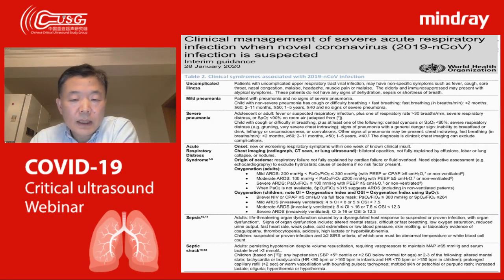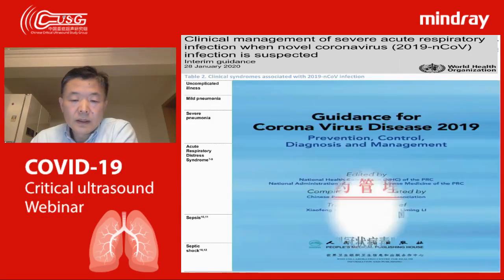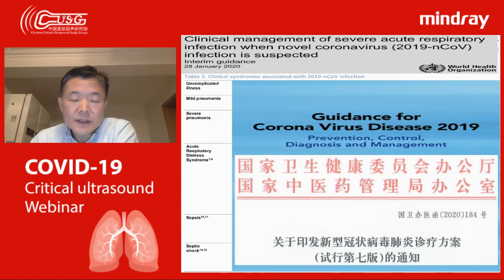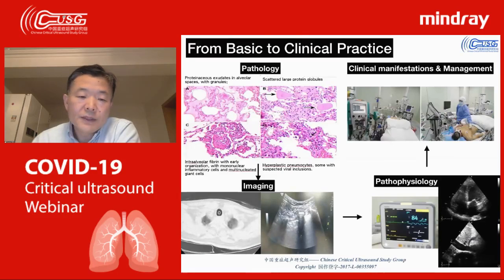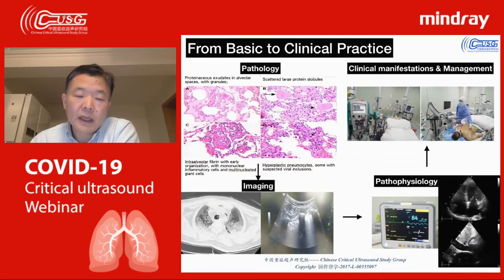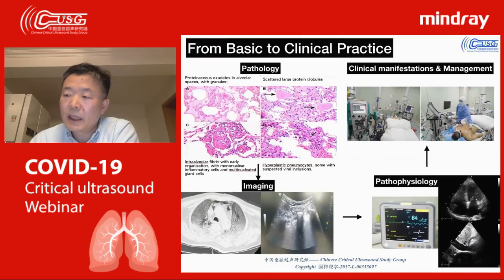In this seventh version there are lots of changes, but I think the most important part is that it involves some very useful information from pathology. You see here, this is the first very useful information, published in a journal.